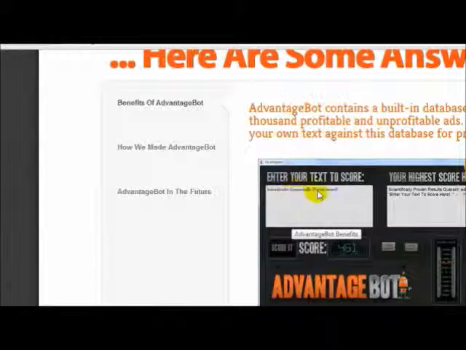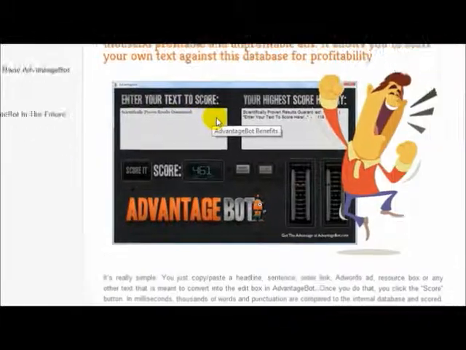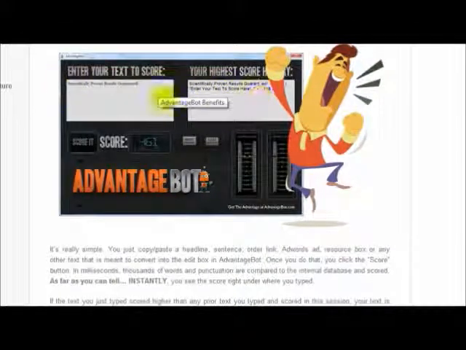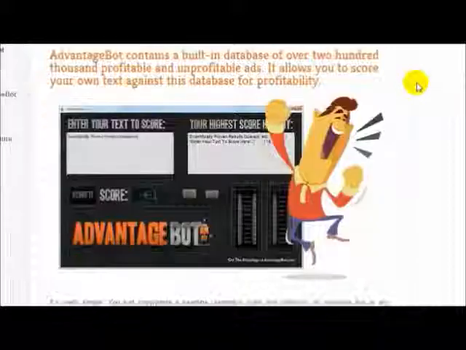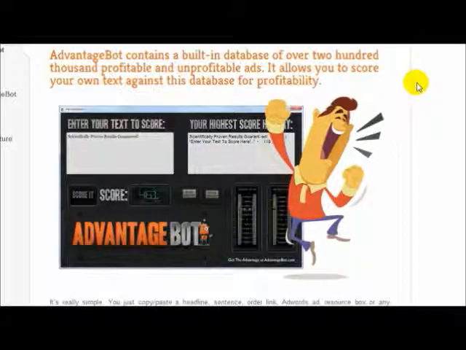So you could test 2, 3, 4, 5 different titles and see which one measures up against the others, and then use the one that has the highest score. That's just a nifty tool that can really take the guesswork out of which titles are good and which are not.